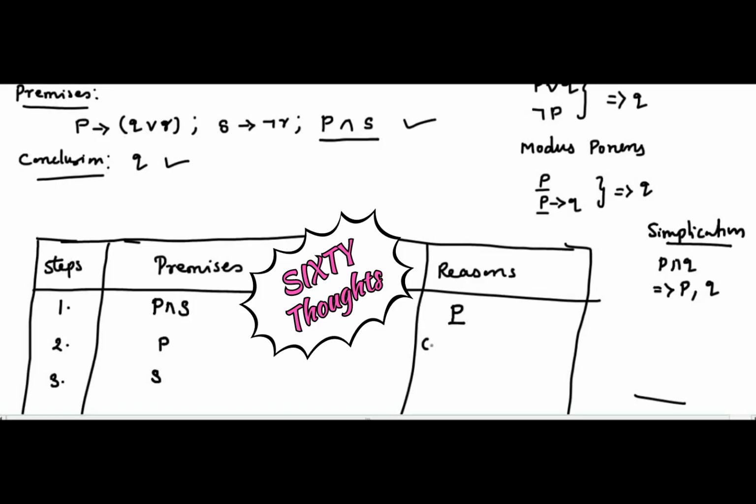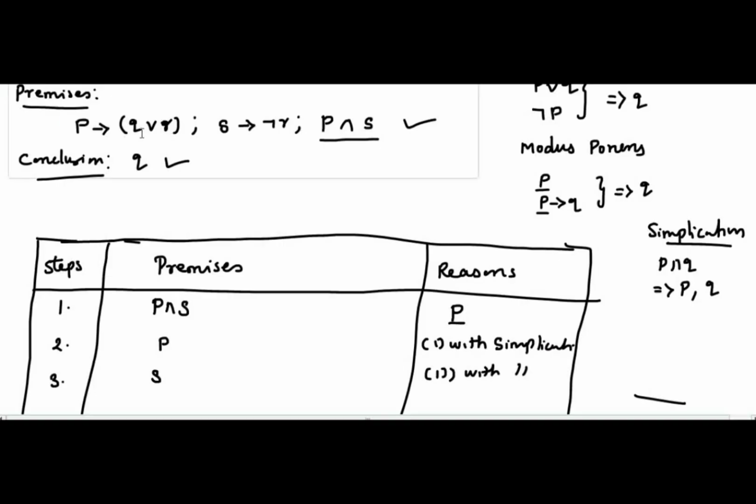What is the reason? Using step number one with simplification law. Step number three is also from step number one with simplification law. Why? Because we need to prove our Q statement separately.